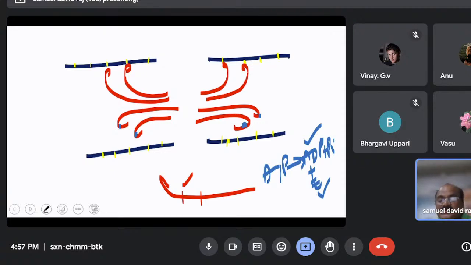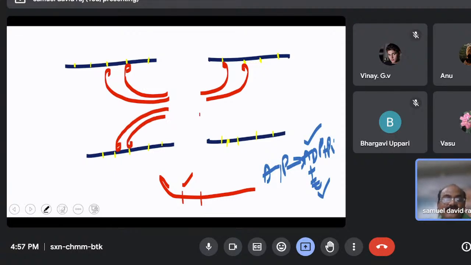On the other side also, the same thing happens. The myosin stretches and binds to the active site, and this forms what we call a cross linkage or cross bridge.